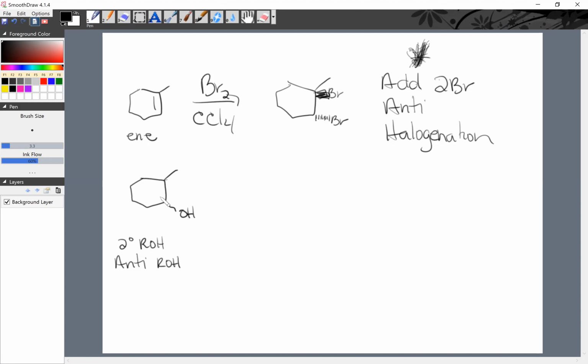But what I'm seeing here is I could have done some kind of a substitution reaction to make that secondary alcohol, or I could have done some kind of an addition to create the anti-Markovnikov.